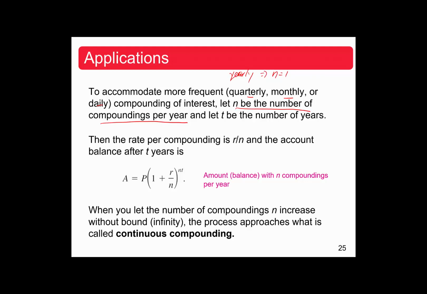If you're compounding monthly, then n equals 12. If it is compounding quarterly, n equals 4. There are four quarters in a given year. If compounding daily, then n equals 365.